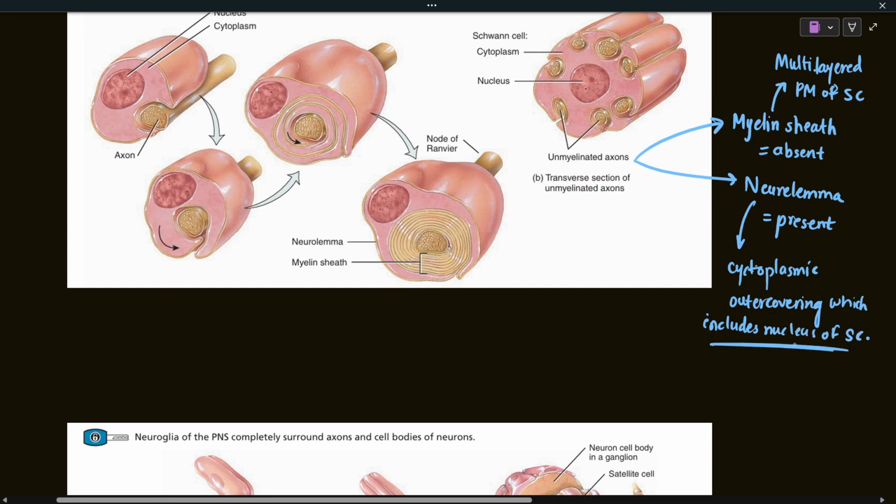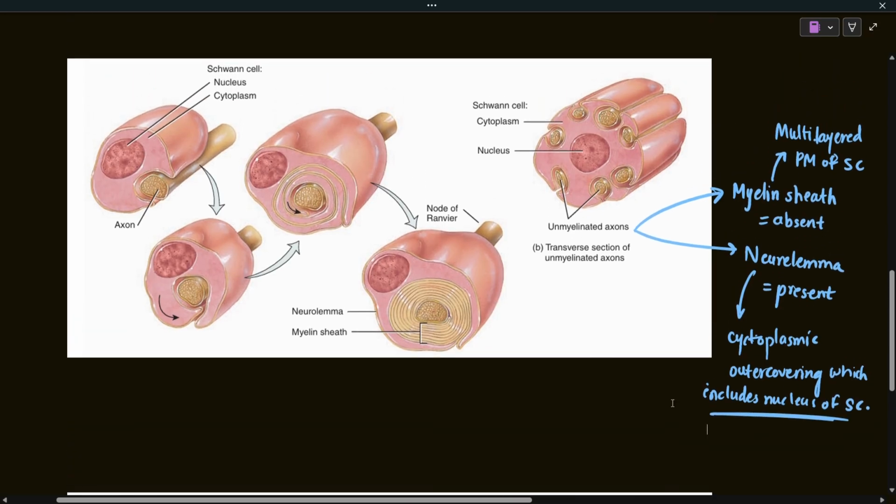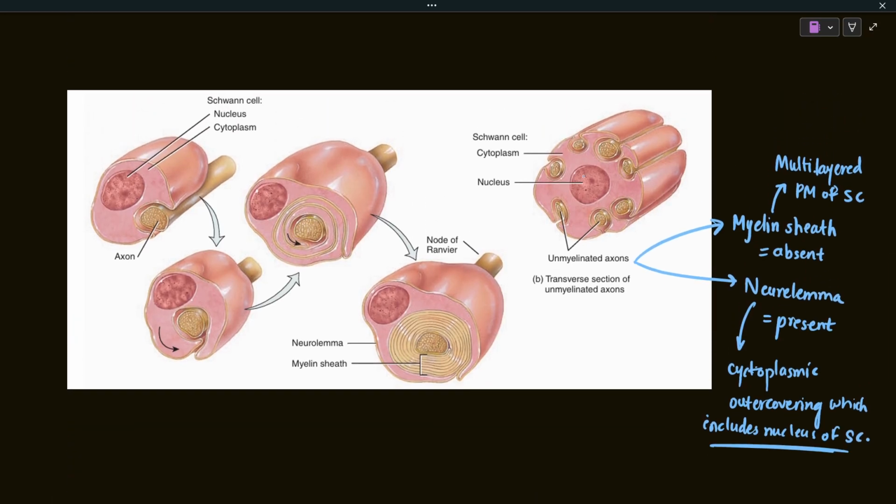So it is the outer covering which is formed by the nucleus and the cytoplasm of the Schwann cell. Here you can see there's the nucleus of the Schwann cell, and then there is the plasma membrane of the Schwann cell, which is forming only a single layer around the axons. So this is the difference between unmyelinated axons and myelinated axons.